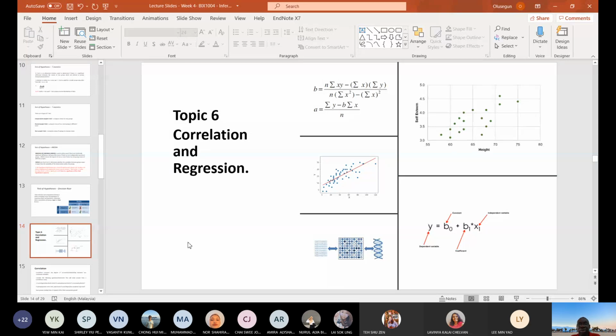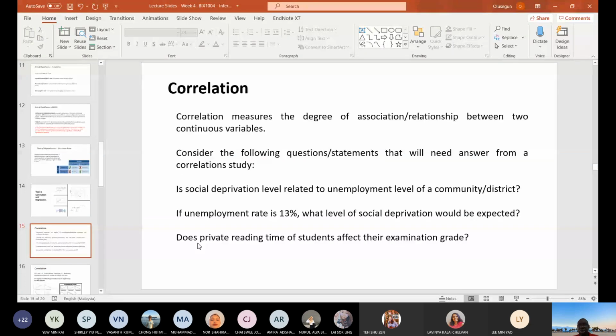So correlation measures the degree of association and relationship between two continuous variables. When we say two continuous variables, let's think about weight and height.